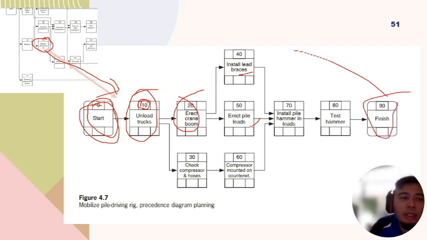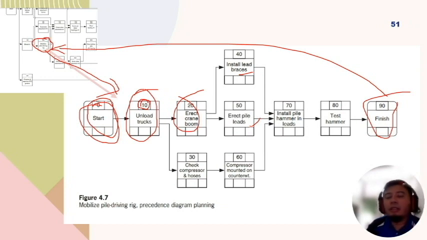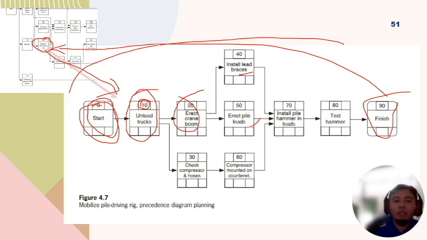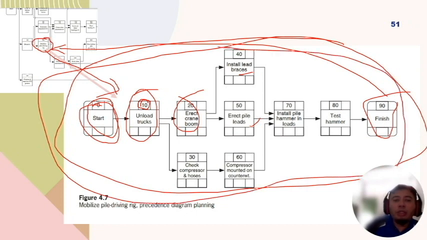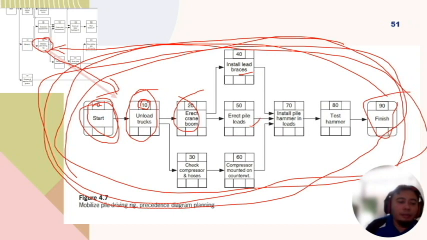This finish is only for the task mobilize pile driving rig. So this is an example of when you detail out a smaller diagram from the master network diagram. This type of diagram is much more useful, especially to the person involved in the mobilization of the pile driving rig.